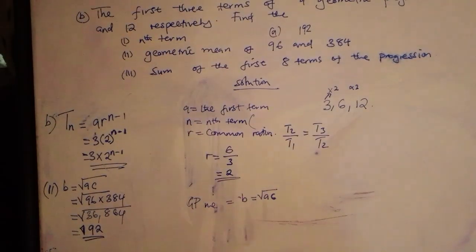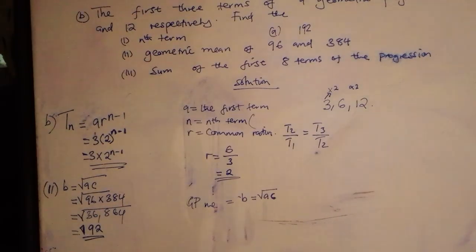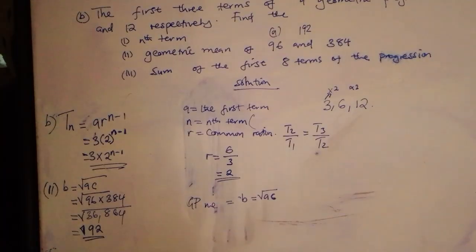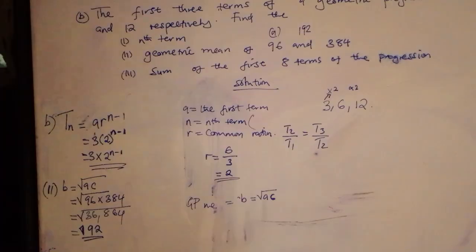Okay, so when we're looking at the sum of the geometric progression, it has 2 formulas. So what are those formulas? Those formulas are given to you at the cover page of your paper 2. But in my video, I only cover 1 because we are dealing with the common ratio.